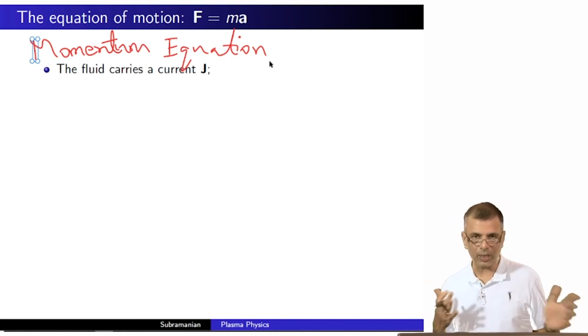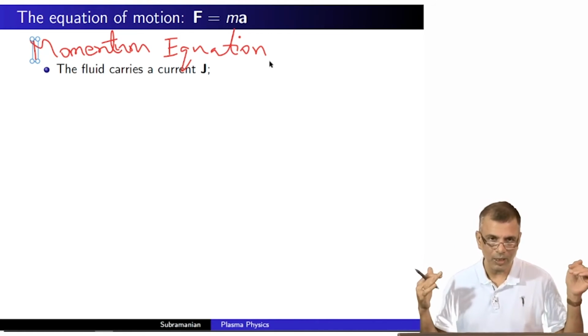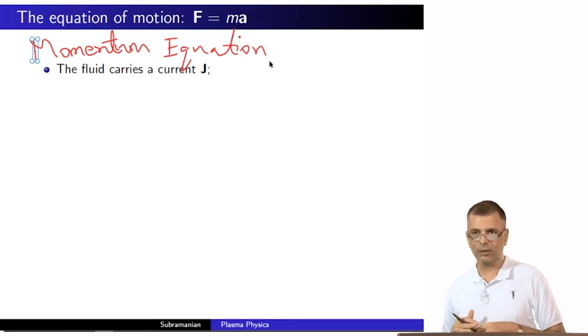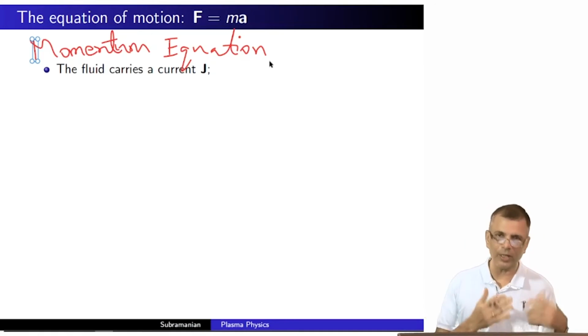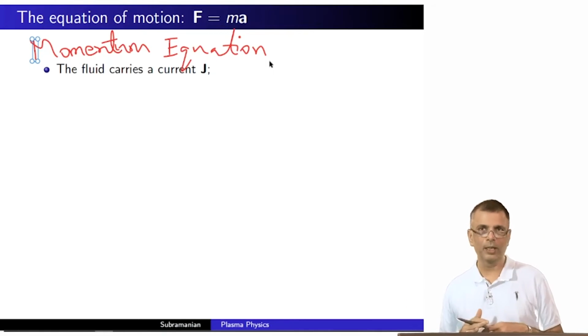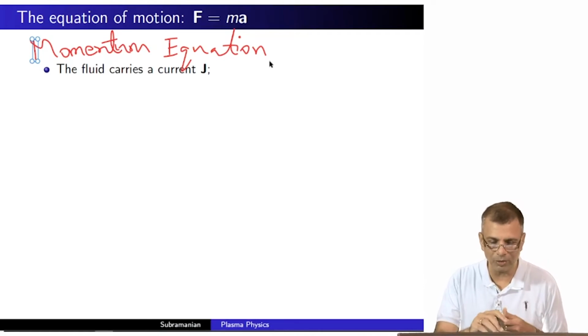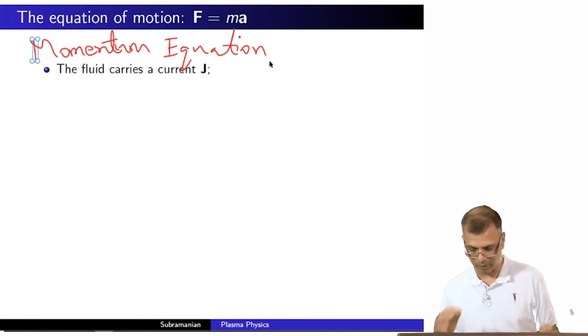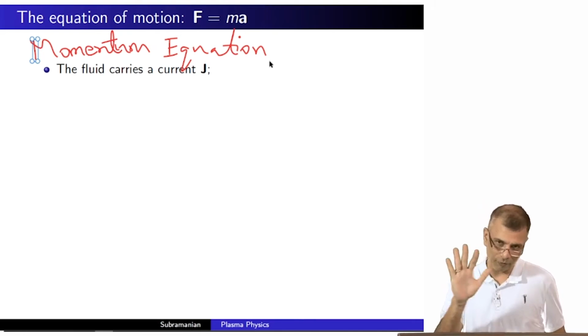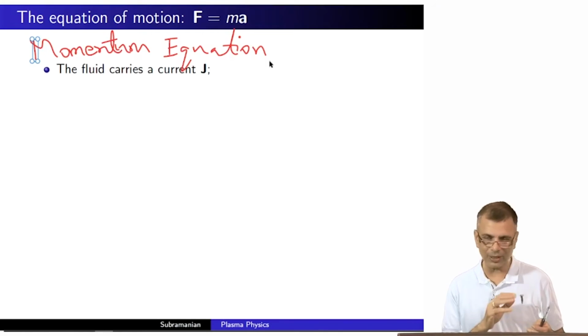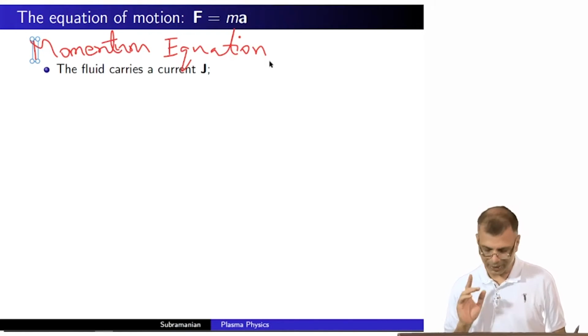That's the whole point of talking about MHD. In a magnetized fluid, the fact that there is a magnetic field means that there will be additional terms in the equation of motion. You already have a fair idea of what it would be. It has to be something like the Lorentz force, and that's exactly what it is.